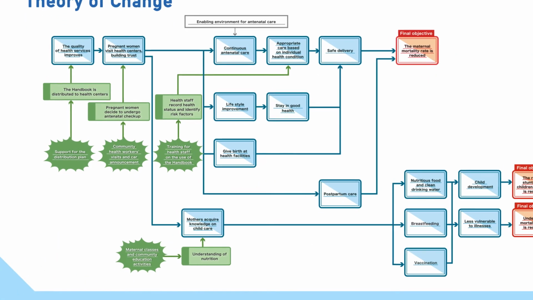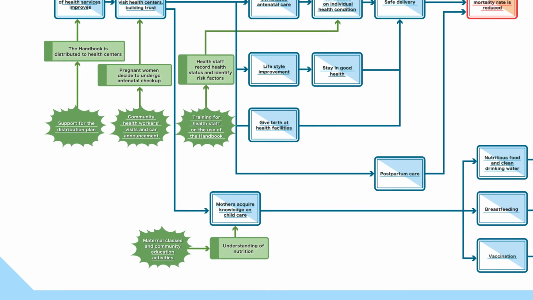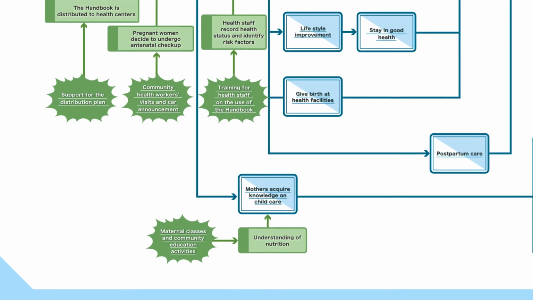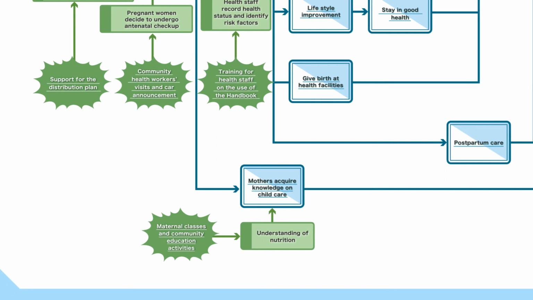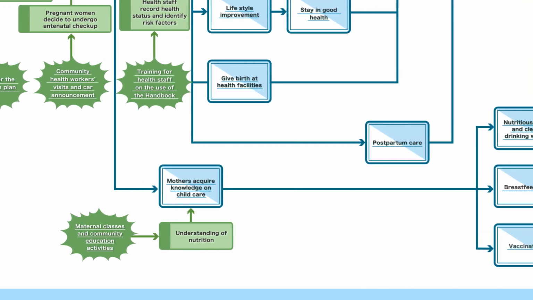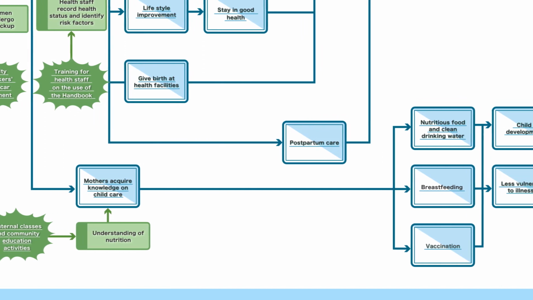Getting the knowledge of childcare and support from the husband plays an important role in improving the health of babies and young children. Let's take a look at the flow leading to reduction in the under 5 mortality rate.